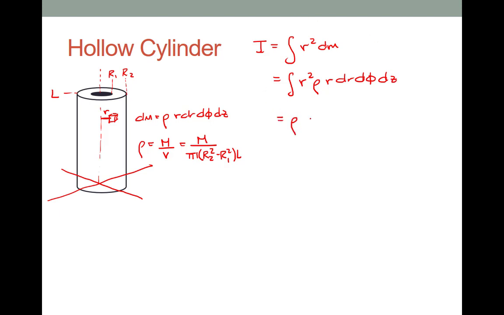The density is constant, so I'm going to pull it out of the integrals, and I'm going to have 3 integrals. I'm going to have the integral from R1 to R2 of r cubed dr, there's two r's here and one more there. The integral from 0 to 2 pi d phi, because I've got to go a complete circle around, 2 pi radians. And an integral from 0 to L dz.